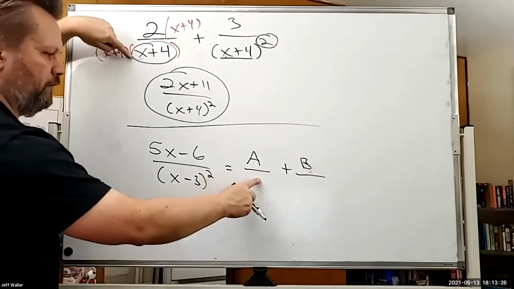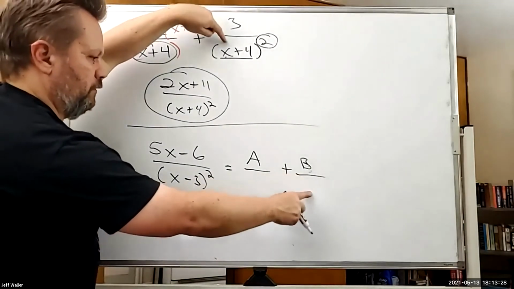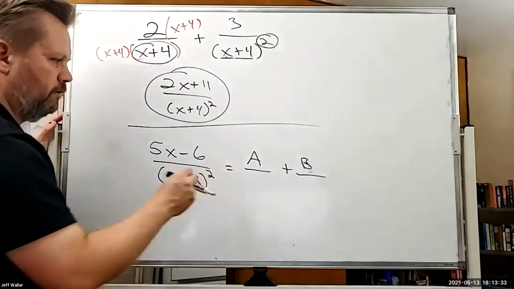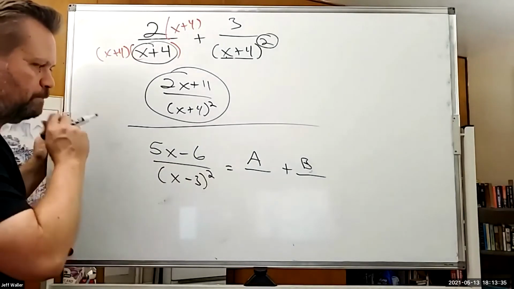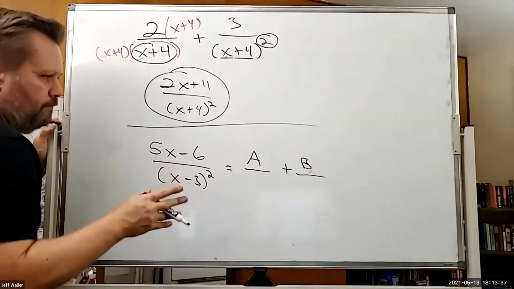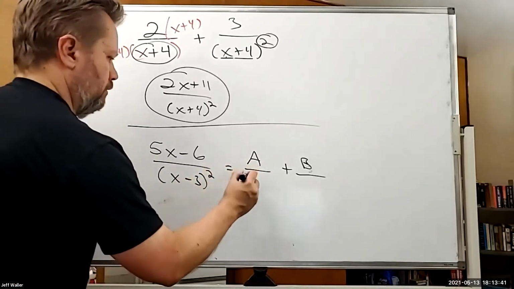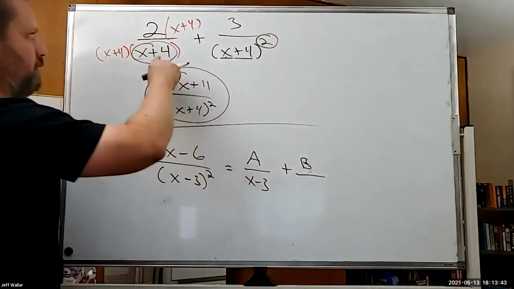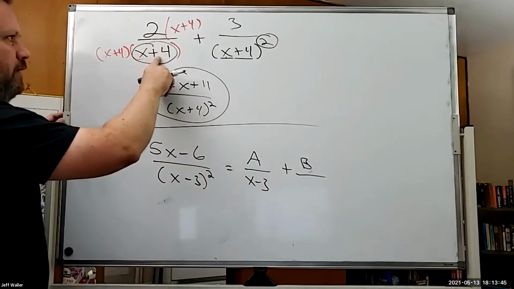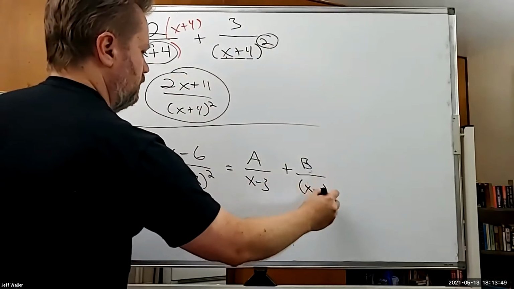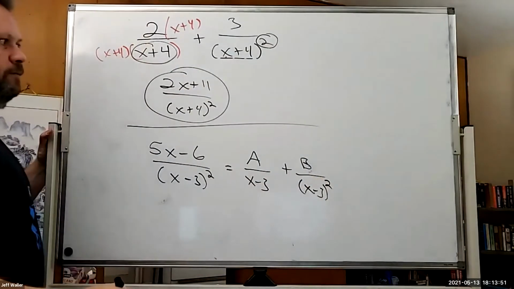Something over what plus something over what? There could have been a part with just x minus 3, like we had x plus 4, and then another part that has x minus 3 squared.